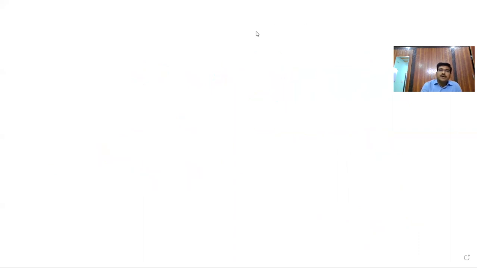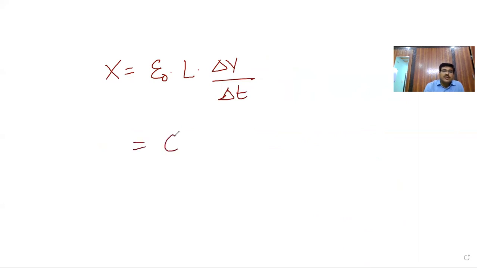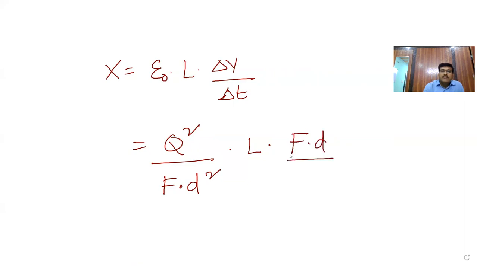Observe, when I substitute those values, x is equal to epsilon into L into delta V by delta T. Epsilon is Q square by F into D square, into length L, into potential difference which was F into D by charge, and time interval having dimension formula capital T. Clear?